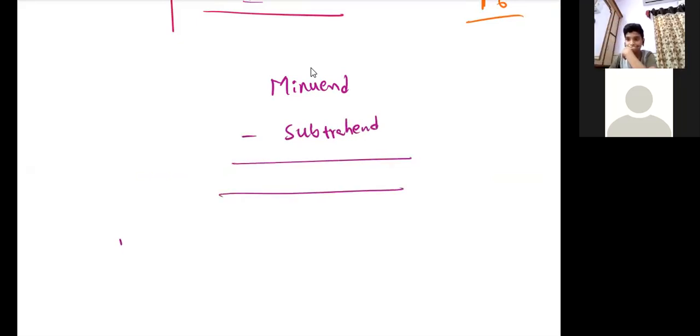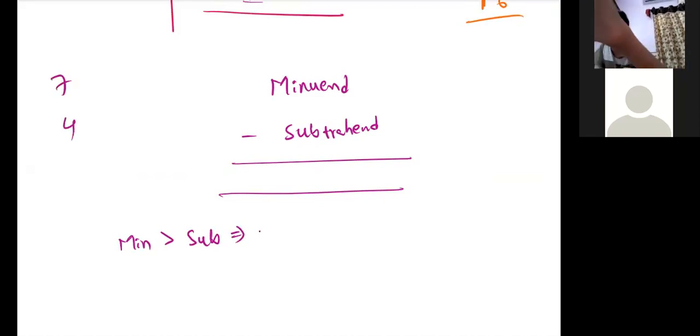Just tell me, if minuend is greater than subtrahend, is subtraction possible or not possible? No, sir. You have 7 rupees. Can you give 4 rupees or not? Yes. Then why are you saying not possible? 7 minus 4, so 4 is possible.